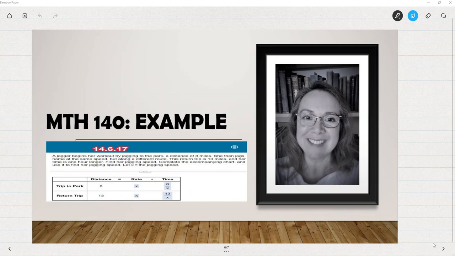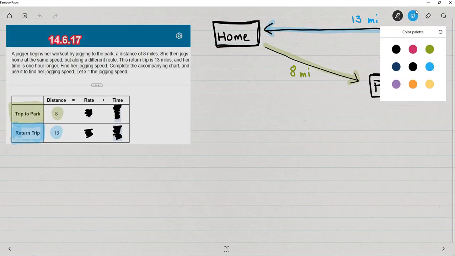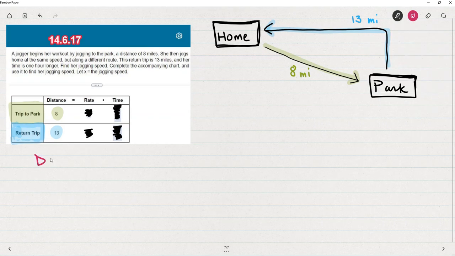Now, it can be a little bit crazy just reading it, but if you get used to this chart, what you need to know from this chart is distance equals rate times time, DRT.